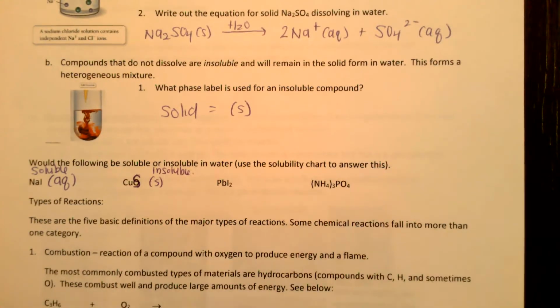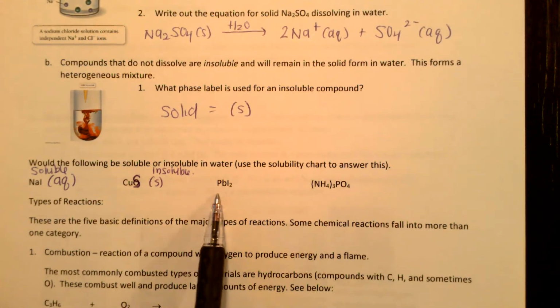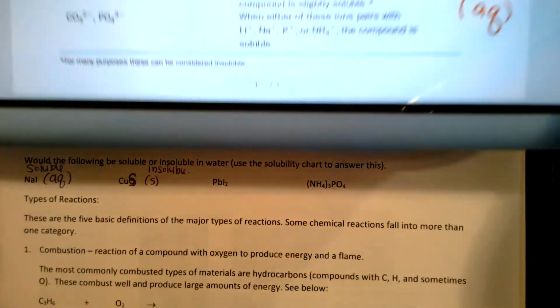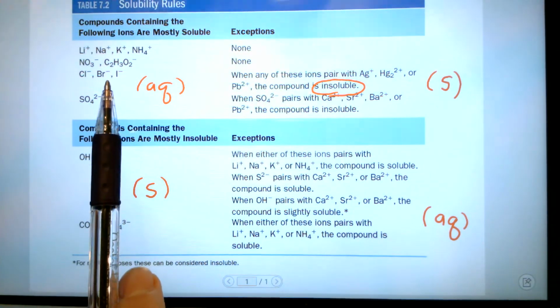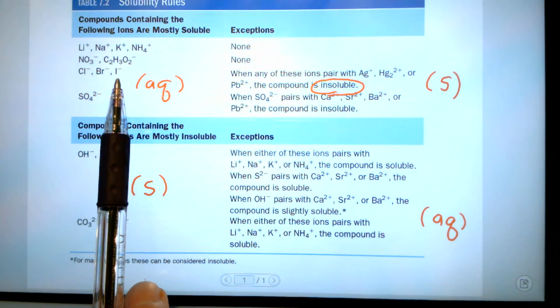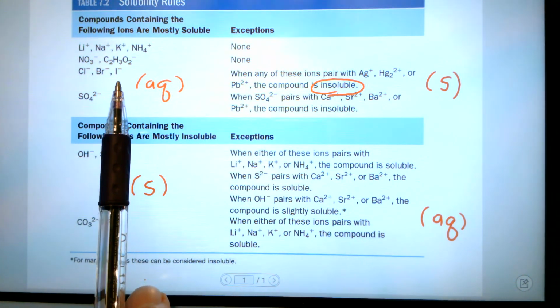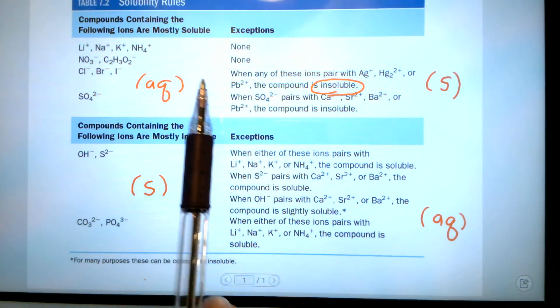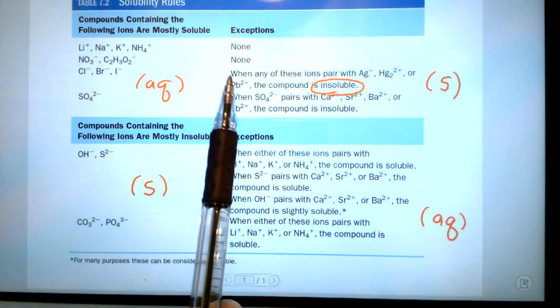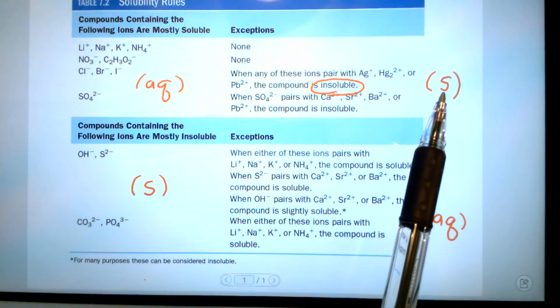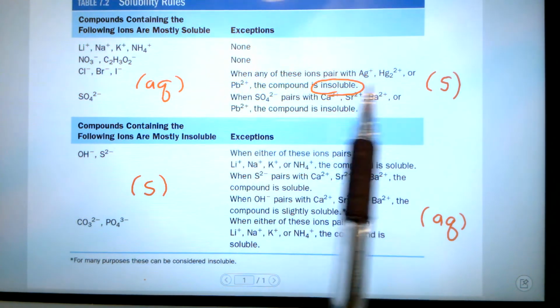Okay, so next we have lead iodide, PbI2. So if we look, iodides tend to be soluble. So first we're starting with soluble. So let's look and see if lead is an exception. So lead is an exception. So when iodide pairs with lead, it turns it into an insoluble product.